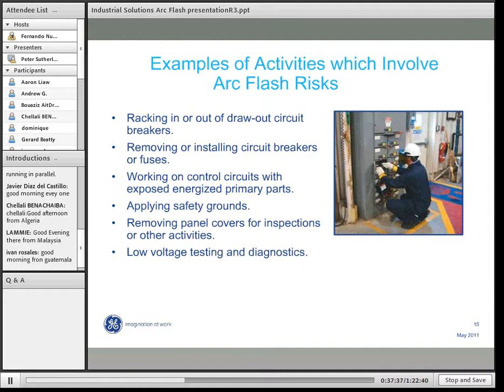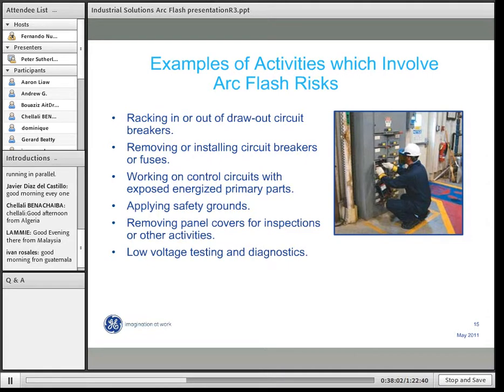Another thing is removing panel covers for inspections and other activities. For example, I do power system studies most of the time, and I need to know what are the sizes of cables going to circuit breakers, and I need to know what are the settings on the circuit breakers.